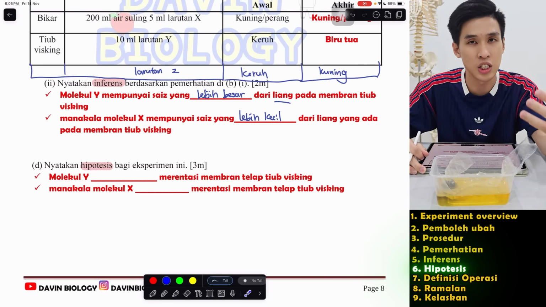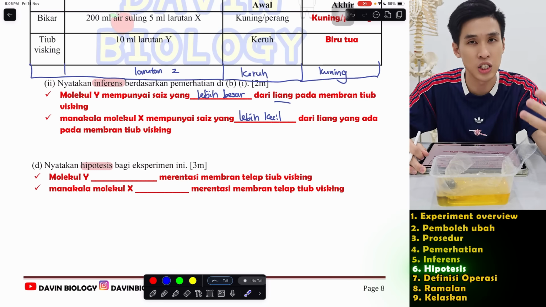You have to guess the outcome for the hypothesis. So in this experiment, we want to determine iodine and kanji, siapa boleh merentasi membran Tiub Visking. So you already know iodine kecil. So you say iodine boleh, which is iodine is your X, kanji is Y. So Y tidak boleh merentasi membran separa telap, X boleh merentasi membran separa telap Tiub Visking.